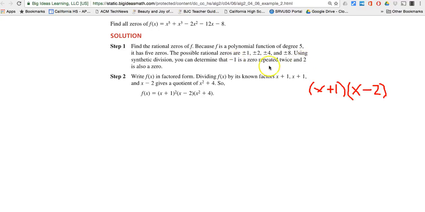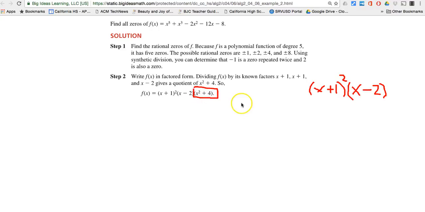And since -1 is a 0 repeated twice, we know that our factored out form is (x plus 1) squared times (x minus 2). Now, what you should have left after you've divided your original polynomial by -1 twice and by positive 2, you should be left with x squared plus 4.